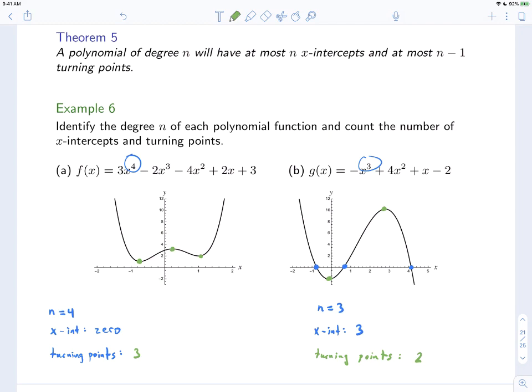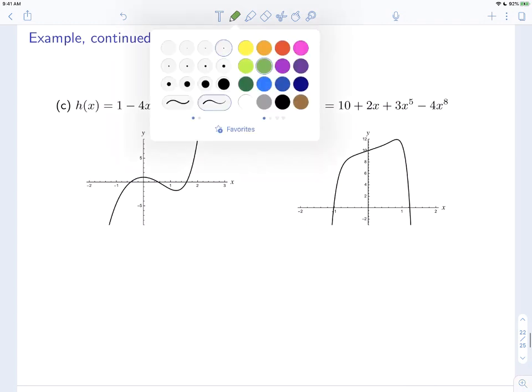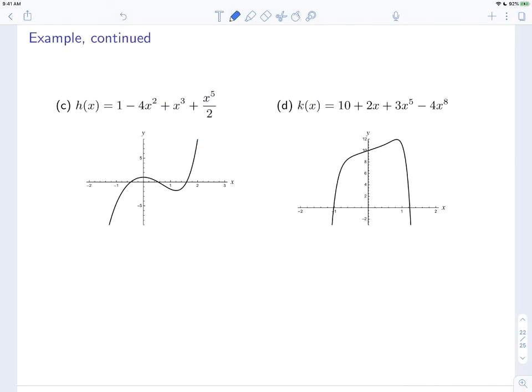So let's do this for the other 2 examples that we looked at before. For C, this is a degree 5 polynomial, so n is equal to 5. And what about the x-intercepts? There's 1, 2, 3. You won't always have the same number of x-intercepts as you do degree.